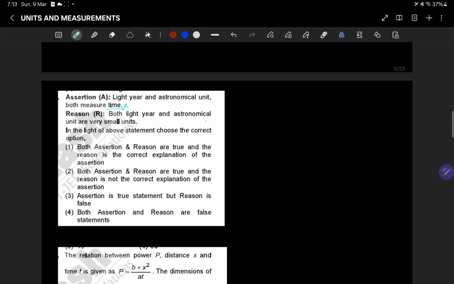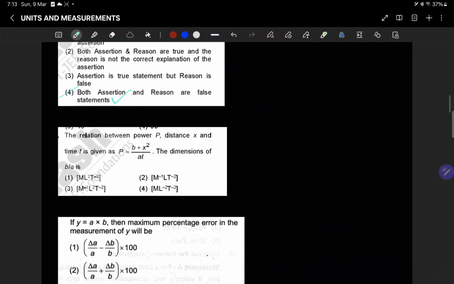No, students, they are large units. Light travels for 1 year, so the distance is long. The distance between earth and sun is also long. They are big units, not small. So this is also wrong. So assertion is wrong and reason is also wrong. Both assertion and reason are false statements. Option 4 is correct. Yes.